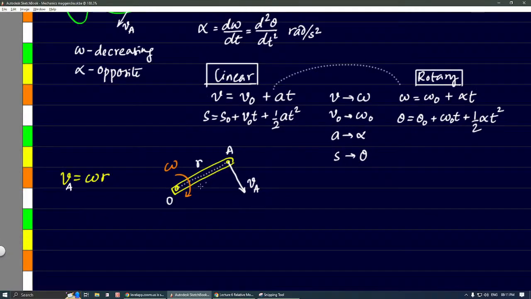Same way, if you have alpha, then you can find the tangential component of acceleration. So tangential component of acceleration is alpha times r. And normal acceleration as usual is v square by r. Combining these both, we will get total acceleration.